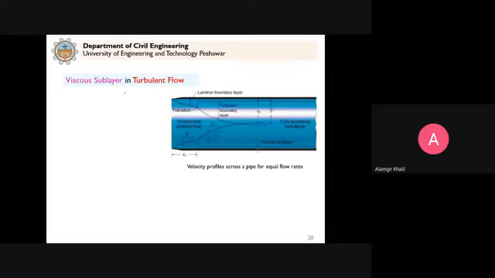Then the concept of the viscous sublayer, as we already discussed in the case of laminar flow. When the fluid enters, it will develop a laminar boundary layer, because first the flow will be laminar and then it changes to fully turbulent flow.